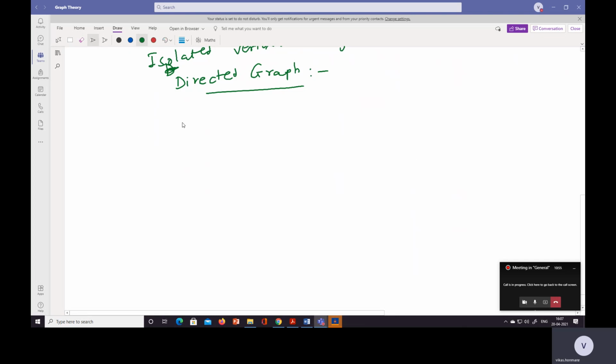Suppose we have this graph with u and v, the two vertices, and the edge is from u to v, and this is the direction.